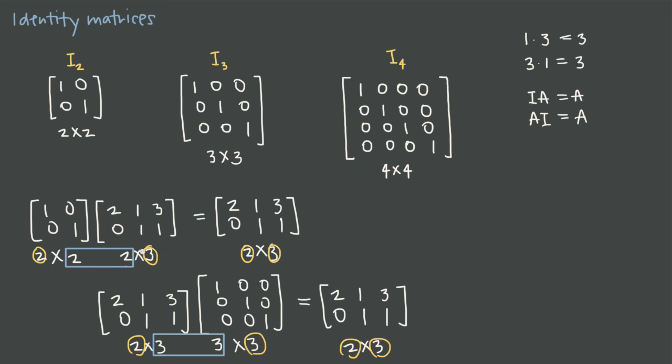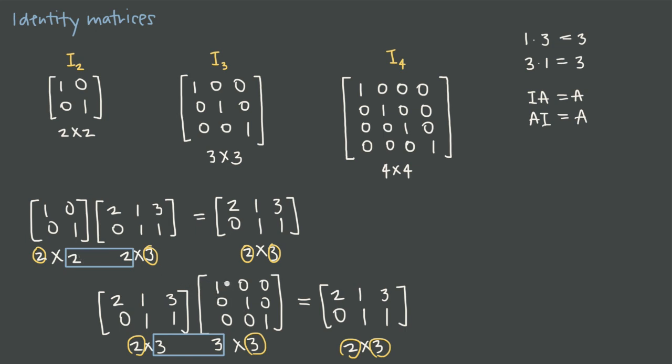So looking at that matrix right there, I know that I have to have 2 columns in the first matrix, that's a given. And then because I know I'm going to get back to the original matrix, the product has to be a 2 by 3, which means that this 2 right here has to come from the number of rows in the product too. So automatically I get the 2 by 2 identity matrix.